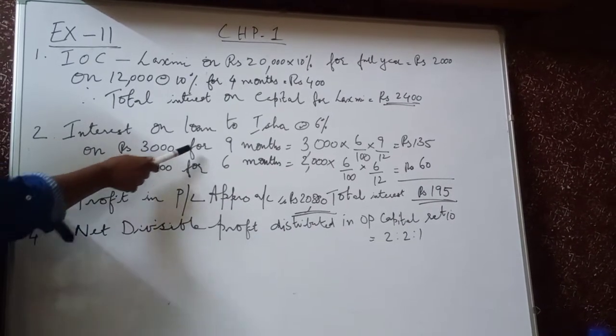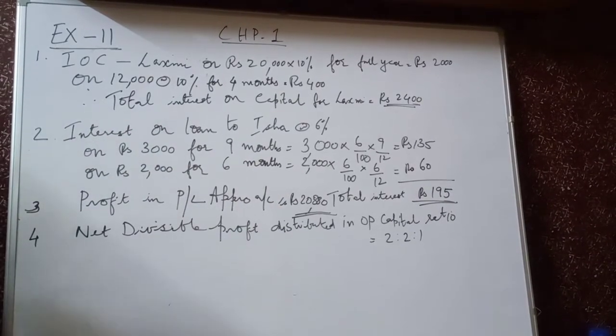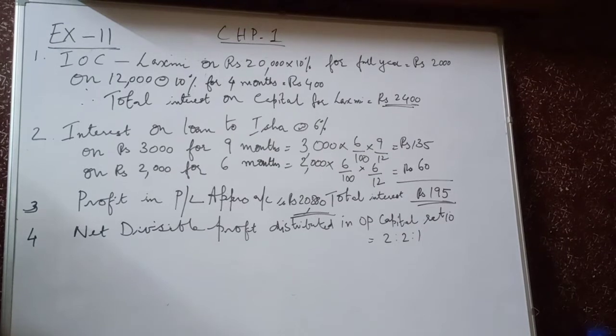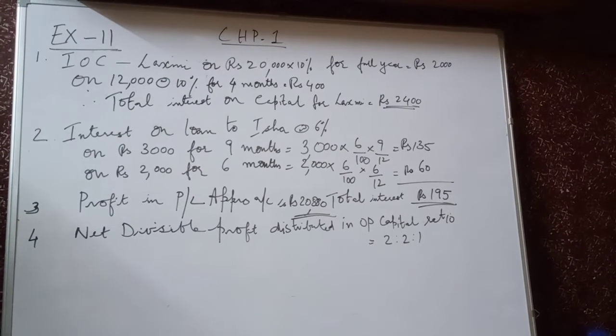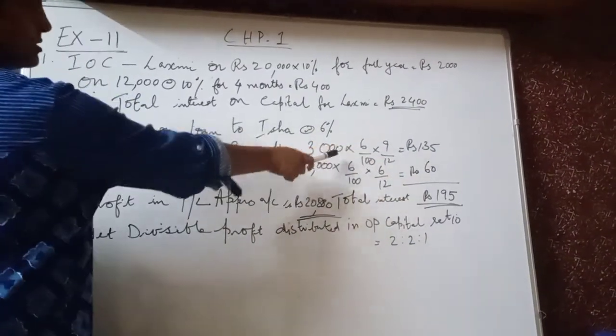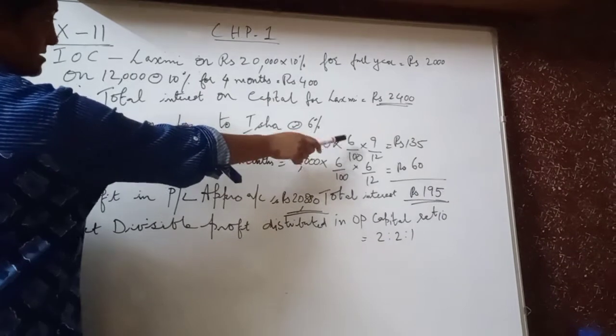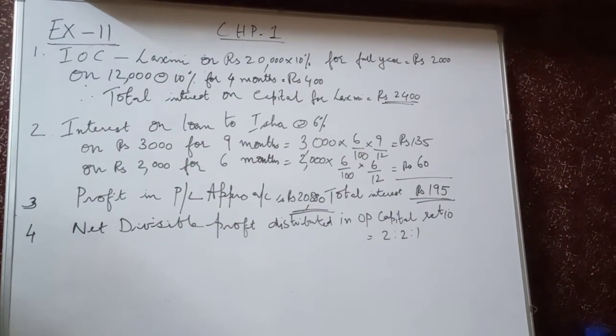So 3,000 for 9 months. 9 months because here Isha has lent 3,000 on 1/10/2016. So it is 9 months. So 3,000 into 6% by 9 months gives interest as rupees 135.